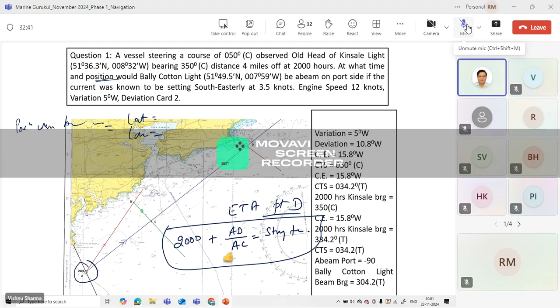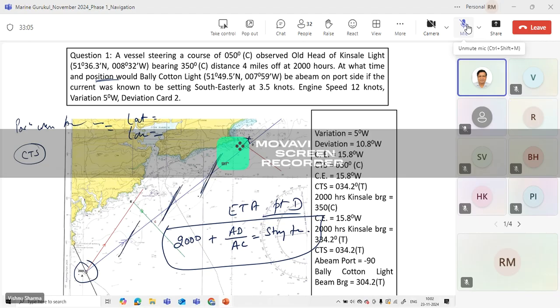Now, please remember, guys, this angle is not 90. This angle is not 90. Light is a beam. Relative bearing is always with respect to CTS. And what is the course the ship is steering? Ship is steering this course parallel to the red line, 034.